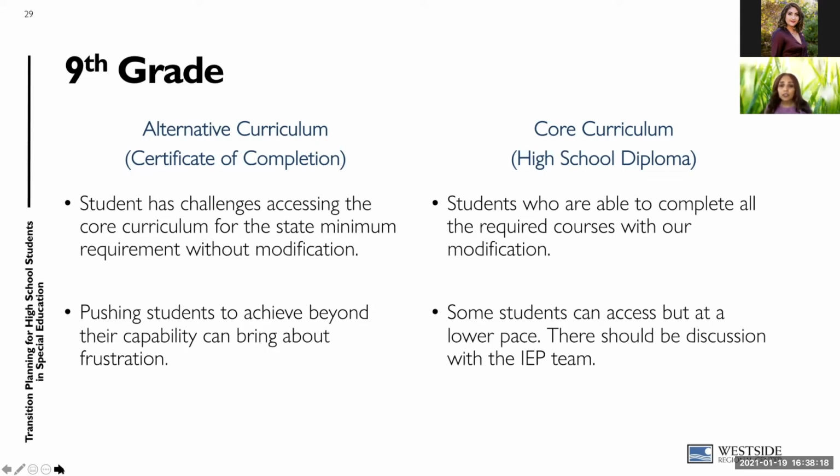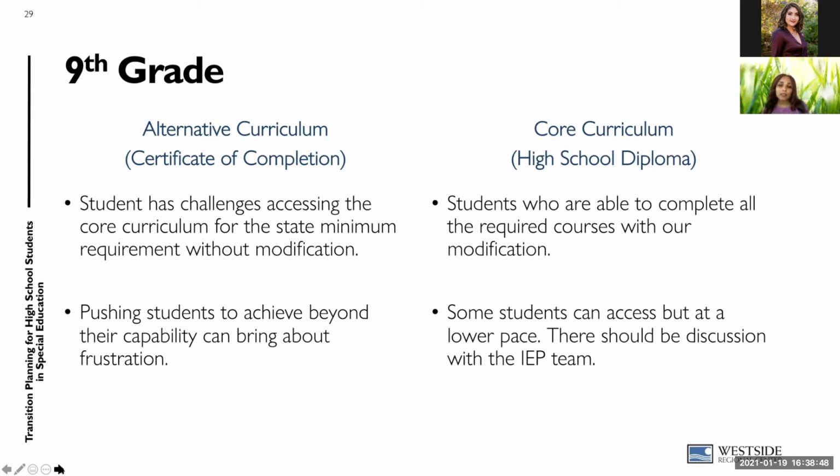Making this decision is very significant. The two avenues are very different from each other, and what the student would be able to do with them can also be very different in terms of after high school life. So we have to really carefully understand the child's abilities and challenges and be able to determine. There's a lot of assessment the school district will do to help us figure that out.